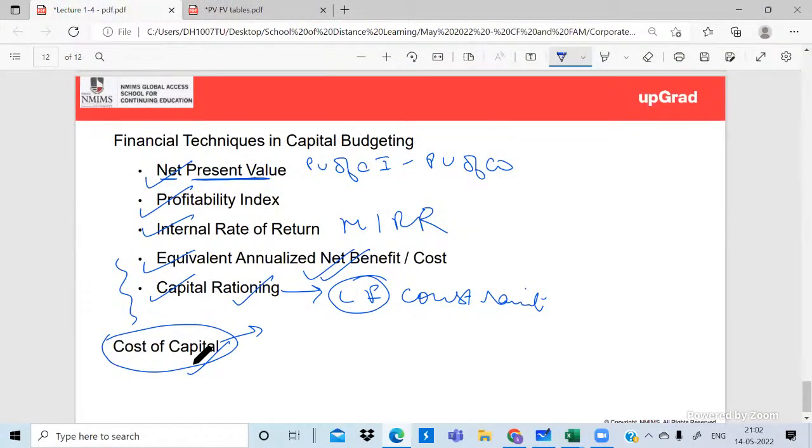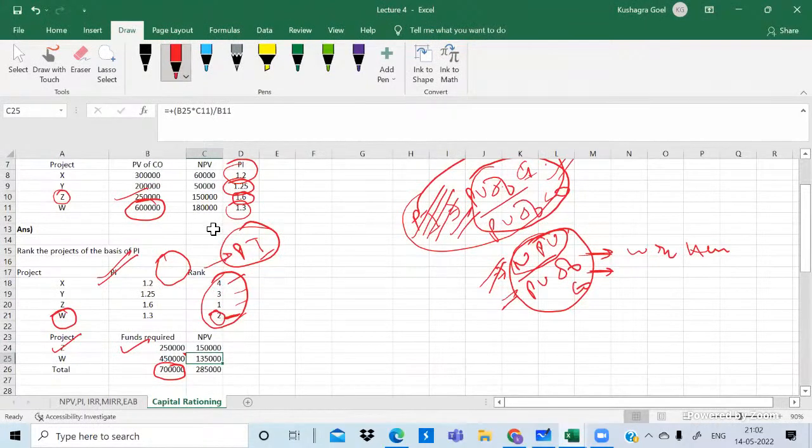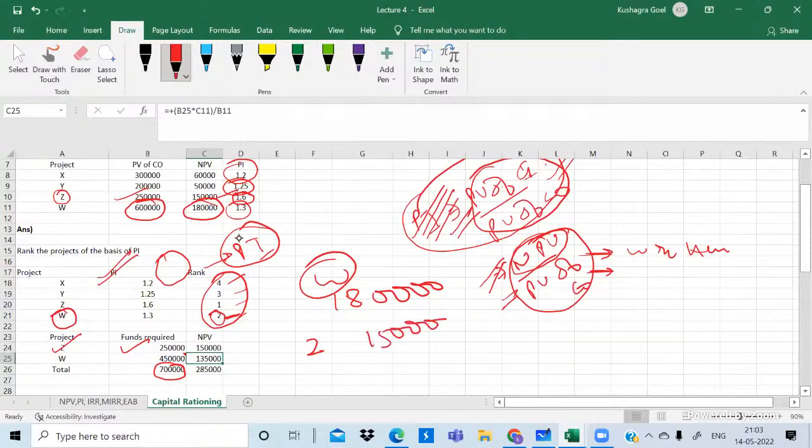So why not invest 6 lakhs in project W? Okay, let's look at project W. If I invest 6 lakhs in project W, how much will I get? 1,80,000. Okay. But if I invest in, let's say, Z, I will get how much? 1.5 lakh. Plus I'm saying I'll invest in X, which will give me 60,000.